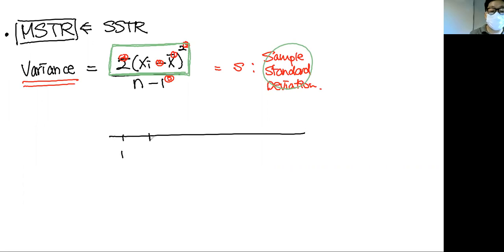When I have 1, 2, 5, and 7, we have 4 values. In step number 1, we have to take the mean, x bar. So I have to take the sum. The sum will be 15. Let me give you one more to make it easier. It's a 0, and still the sum will be 15.